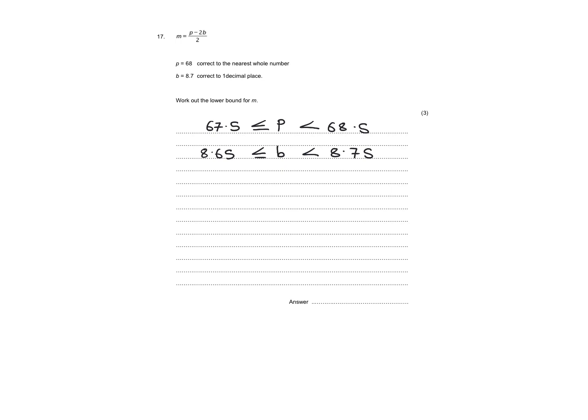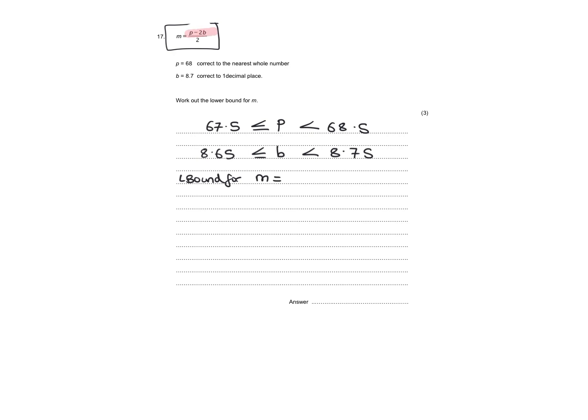Now we want to work out a lower bound for m. So that means we need to make the numerator as small as possible before then dividing by 2. So we're looking at p minus 2b.